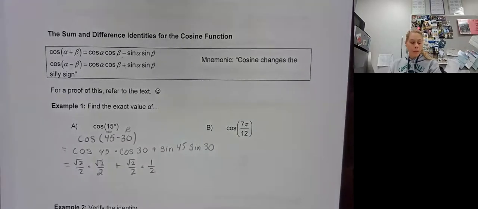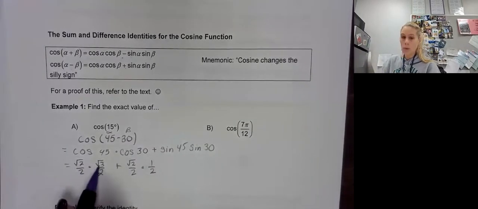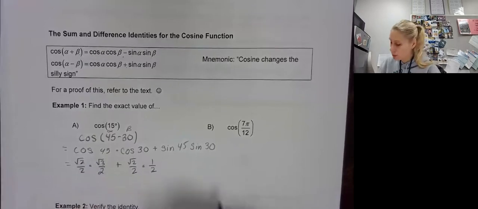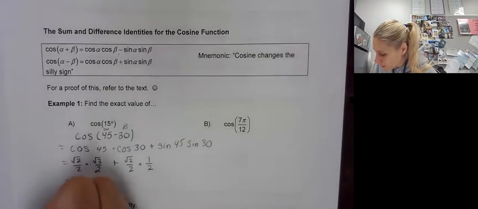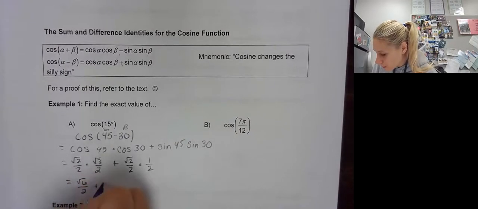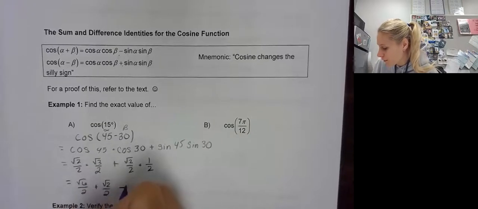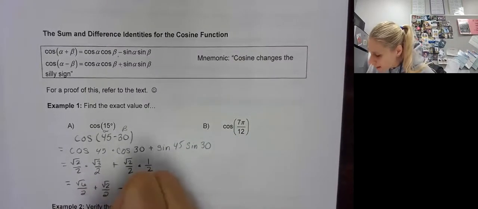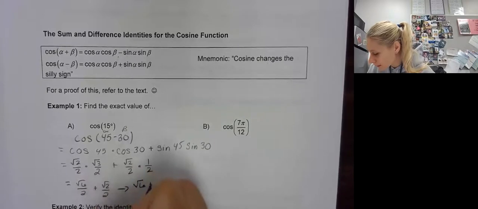Okay, love the common denominators, right? And think of your multiplication, you have to multiply those. So right now we get the square root of 6 over 2 plus the square root of 2 over 2. We can simplify it more by saying the square root of 6 plus the square root of 2.